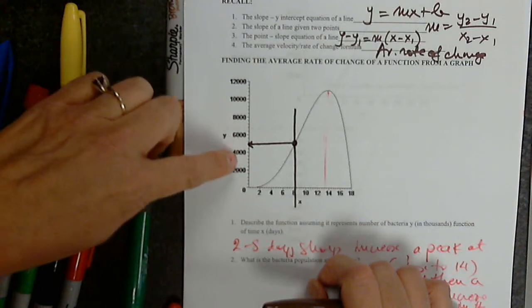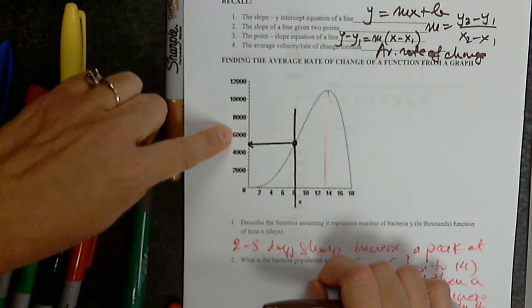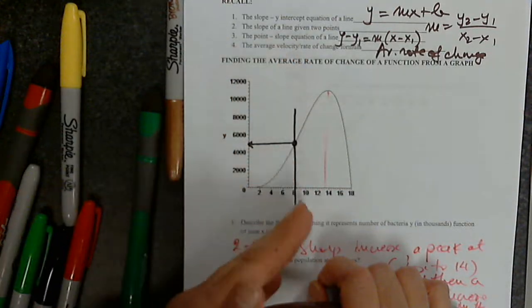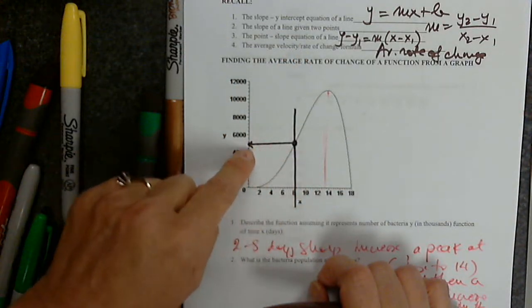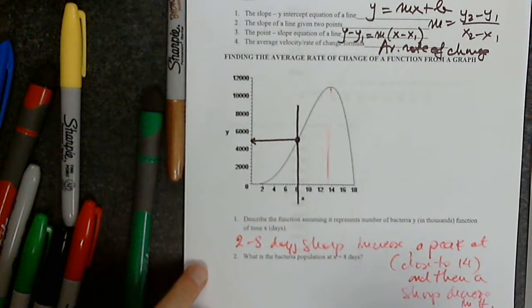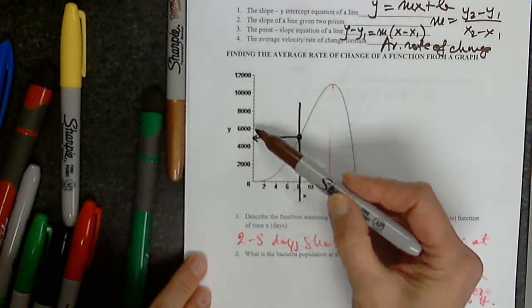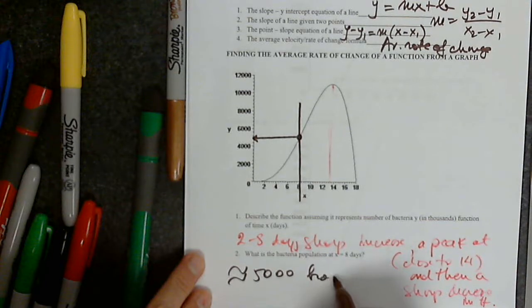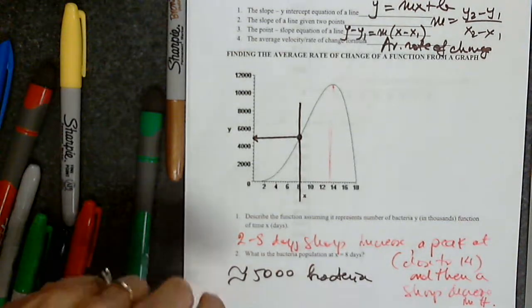Definitely between 4,000 and 6,000. My line is not perfect. The horizontal line is not perfect either. So you would probably say roughly about 5,000. Would you say that roughly? So approximately 5,000 bacteria after 8 days.